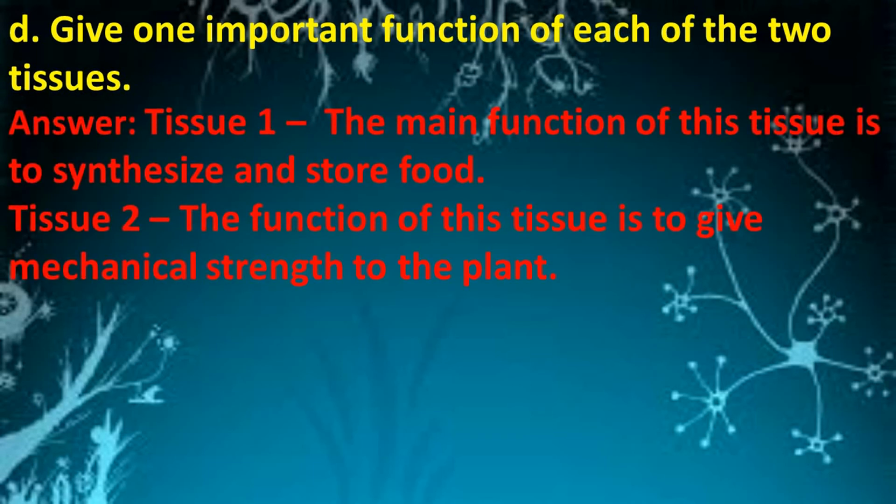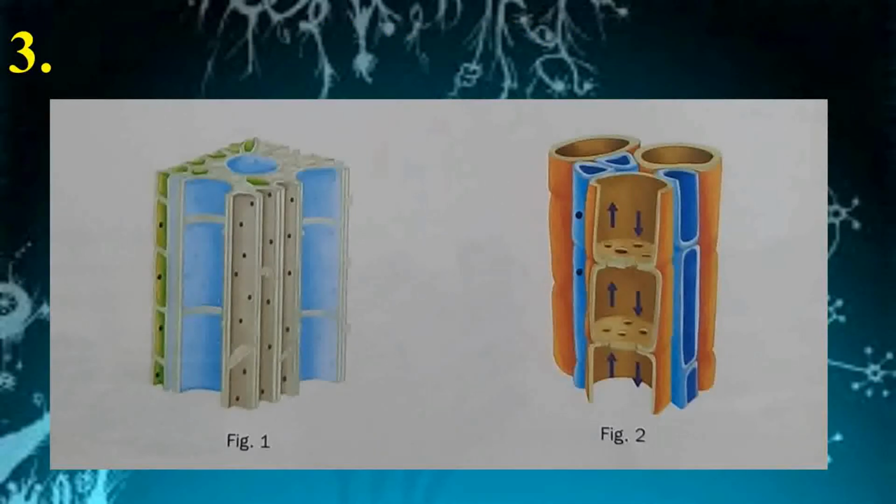Answer is tissue 1. The main function of this tissue is to synthesize and store food. Tissue 2. The function of this tissue is to give mechanical strength to the plant. Next question.